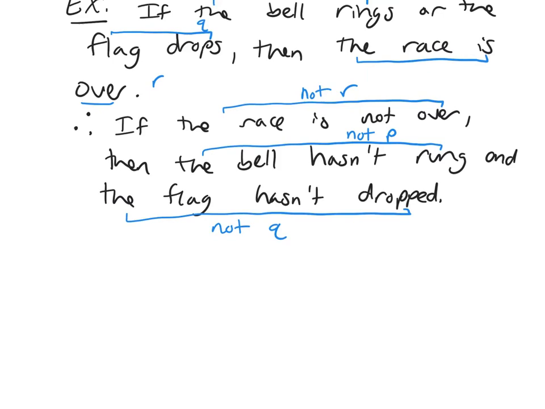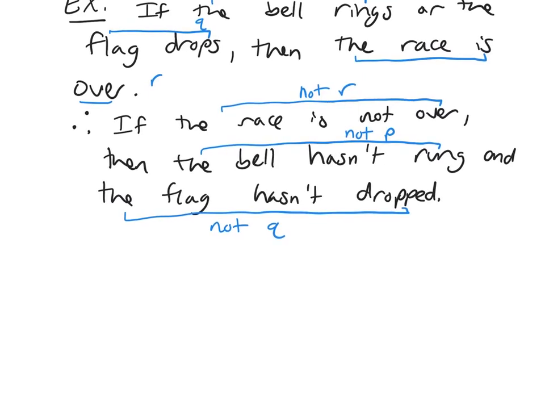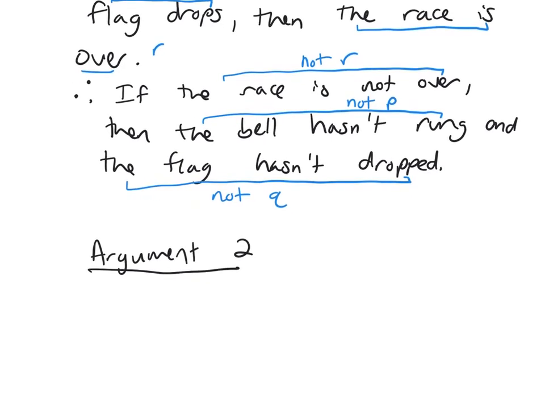Let's look at another argument. So we'll call this argument 2. And let's say it says if x equals 2 or x equals negative 2, then x squared equals 4.